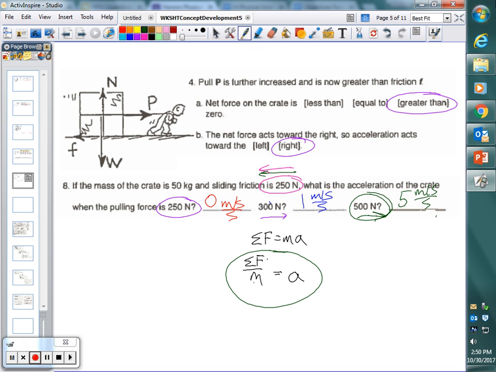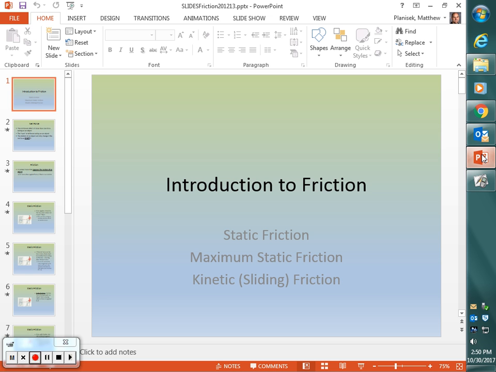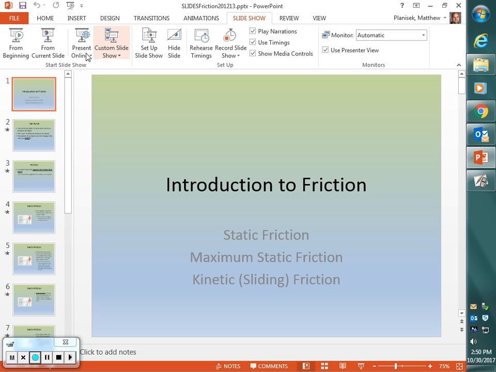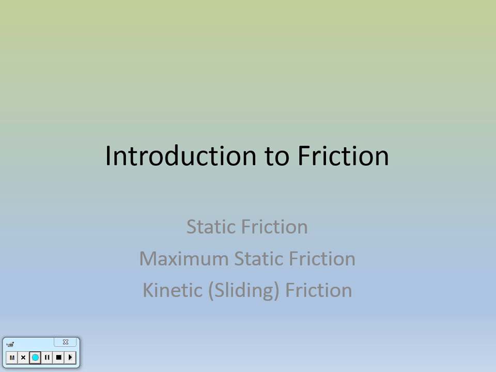Let's do one definition here, and then we'll call it a day. When we discuss friction, there are three key ideas that we need to talk about.